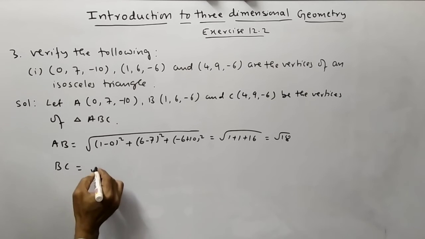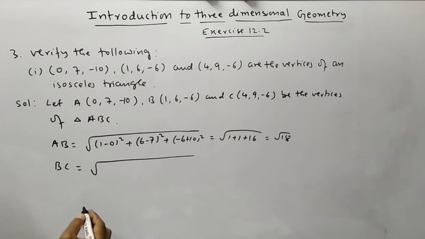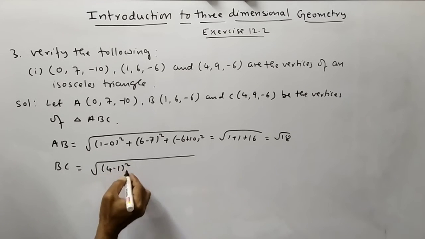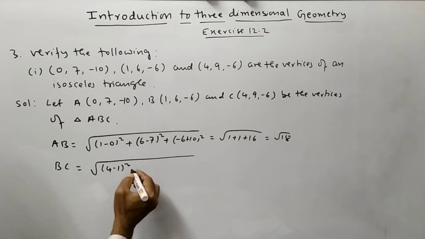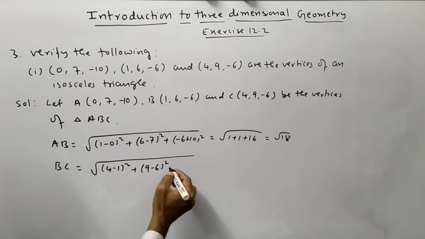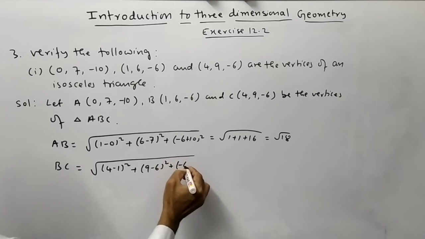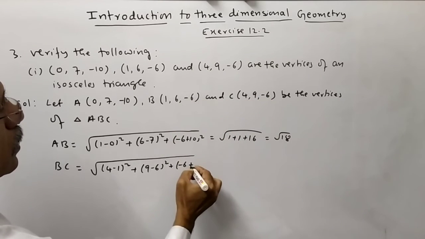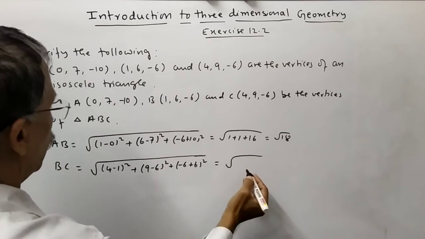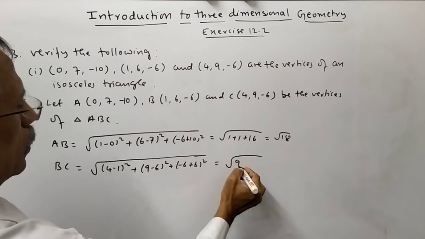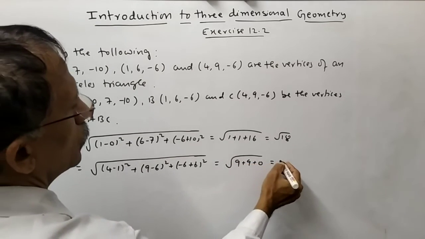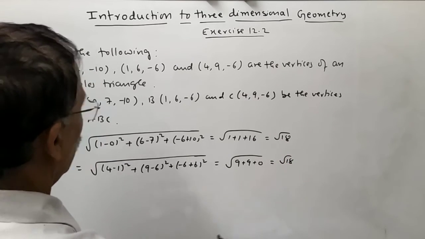BC is equal to square root of 4 minus 1 whole square plus 9 minus 6 whole square plus -6 plus 6 whole square, is equal to square root of 9 plus 9 plus 0, is equal to square root of 18.